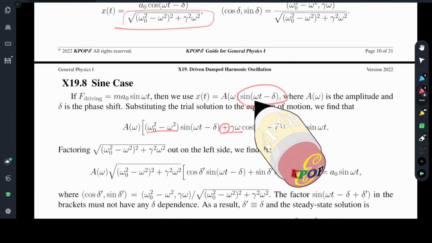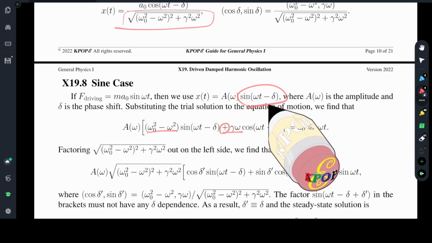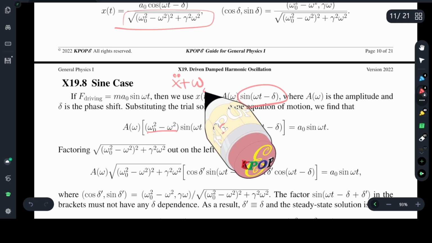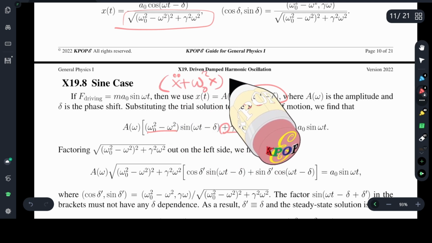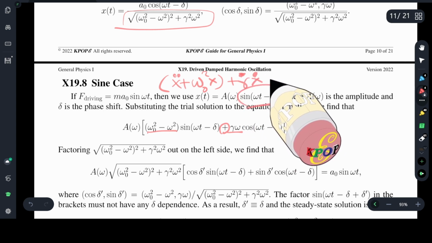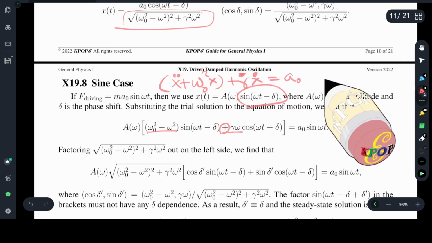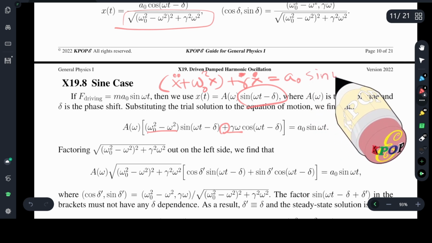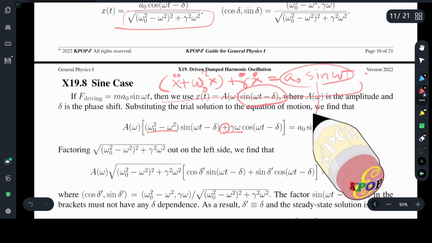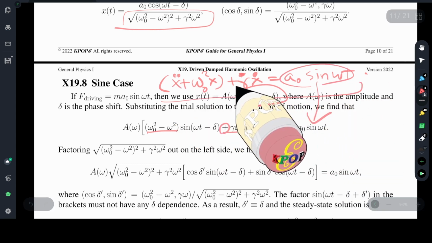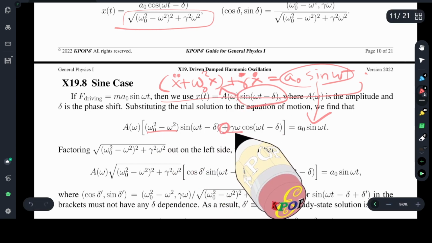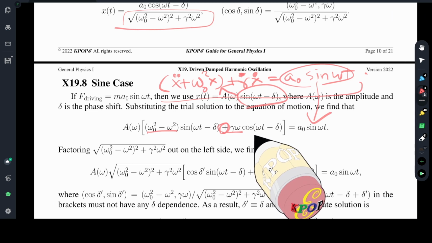So omega 0 squared x plus gamma x dot equals A0 sine omega t. This is the equation. This part is this, and I have substituted this result in x, and finally I have a positive sign in a very similar manner.